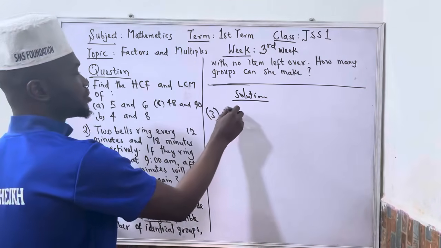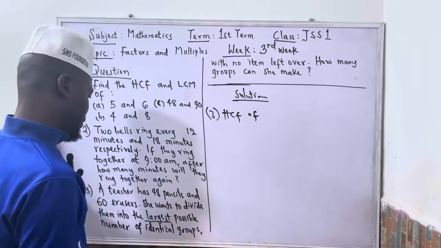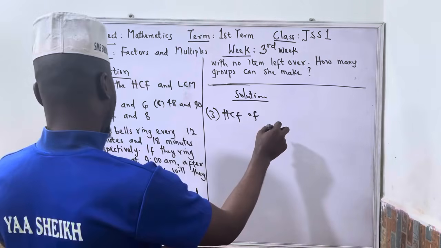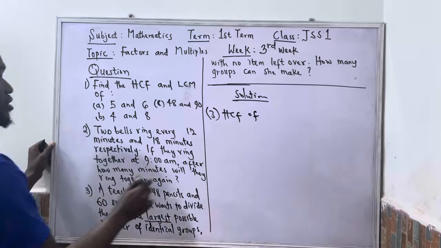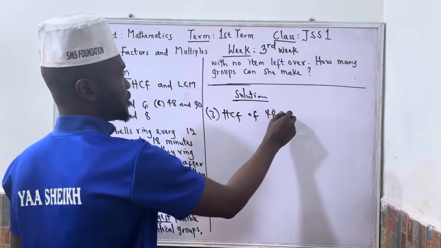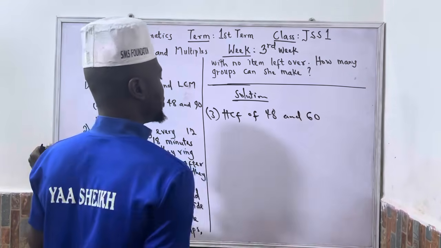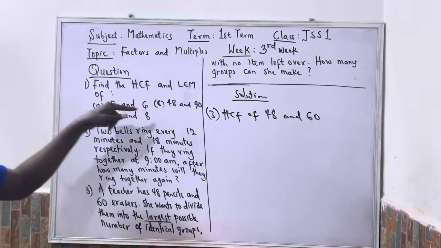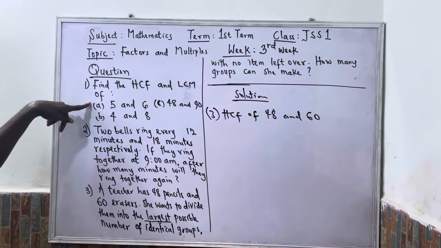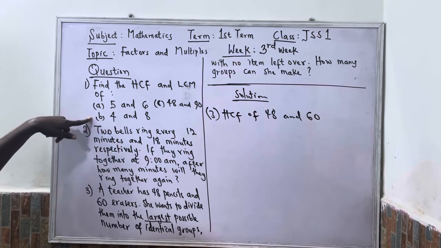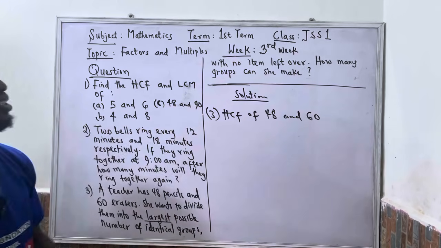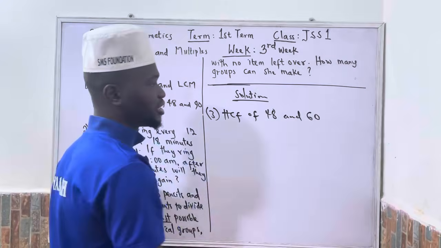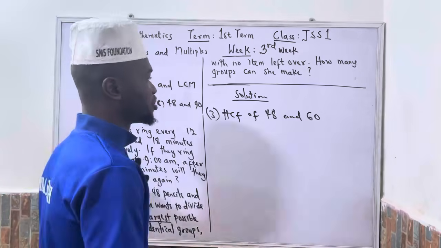So I'll just do the HCF of 48 and 60. This one does not belong to the first case, nor the second case, but it belongs to the third case because there are common numbers that can divide 48 and 60.